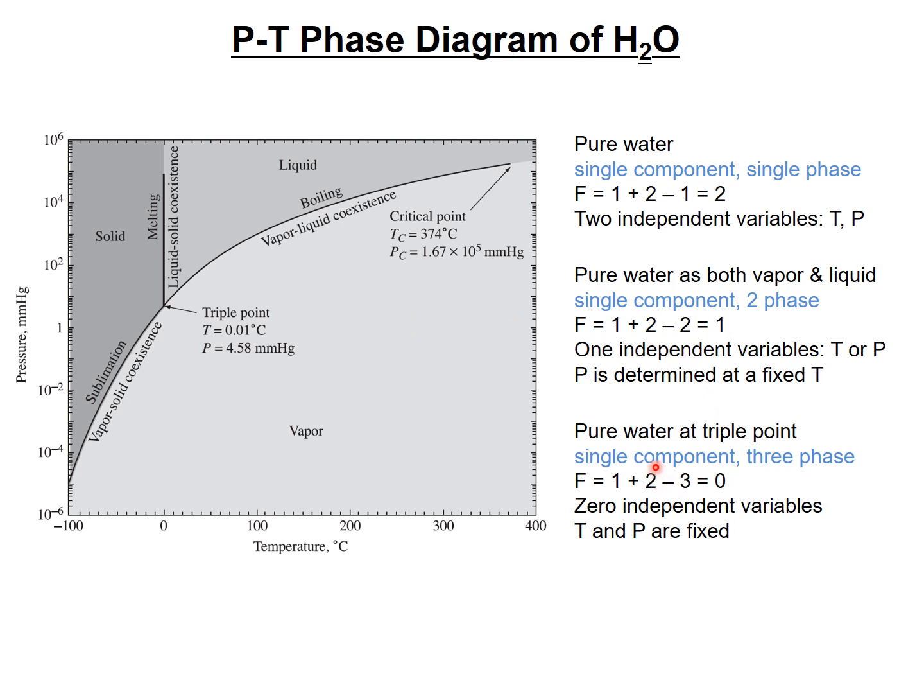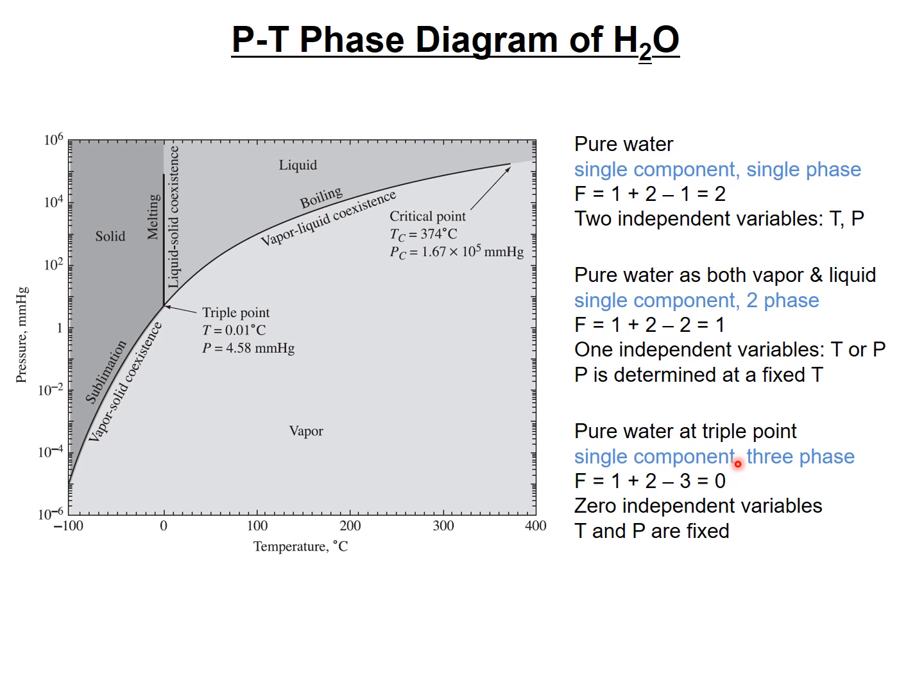Let's go to the triple point. In this triple point, you have solid, liquid, vapor, so 3 phases. But still a single component. Then freedom is equal to 1 single component plus 2 minus 3 phases, which is 0. It means 0 independent variables.